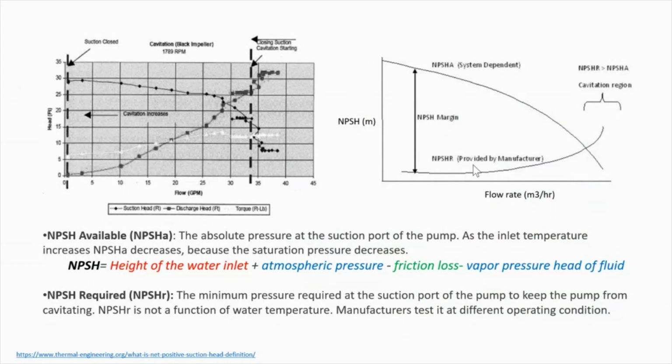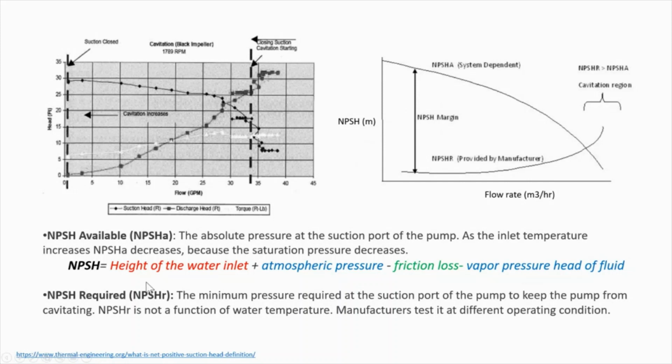It's how the turbo machinery works, and how the pump works. The only control you have is NPSHA, the available. So you can increase NPSHA, and by increasing that, you can increase that range. You can get whatever pressure you need at a certain flow rate.